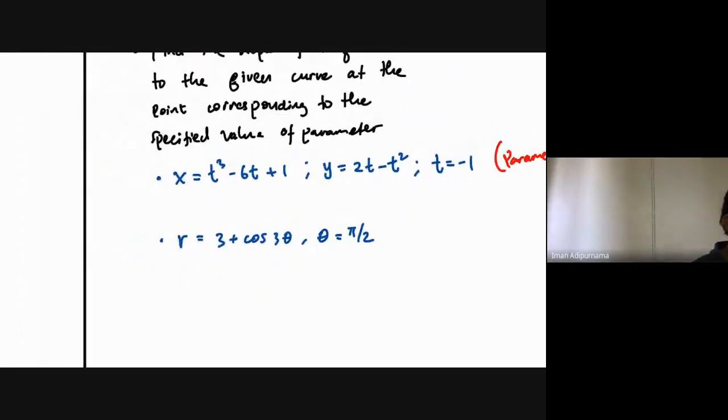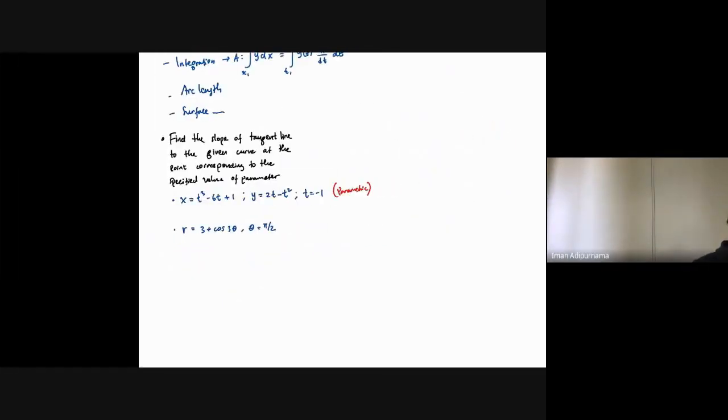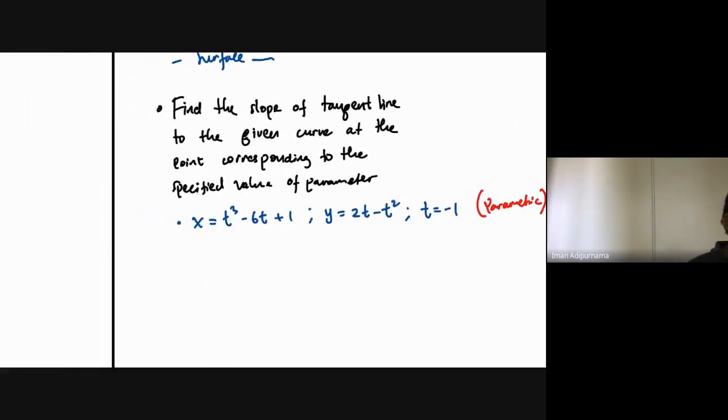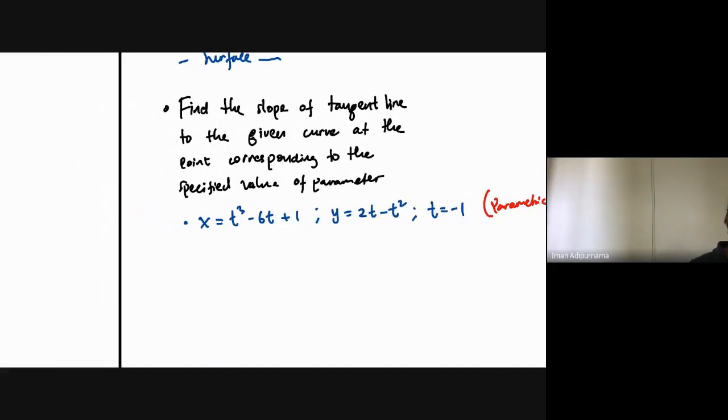Okay, let me give you the answer. So first, the question about slope of the tangent line is always asking about dy over dx.